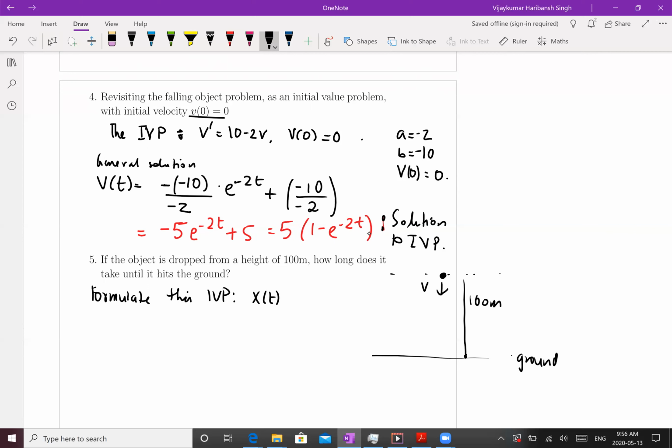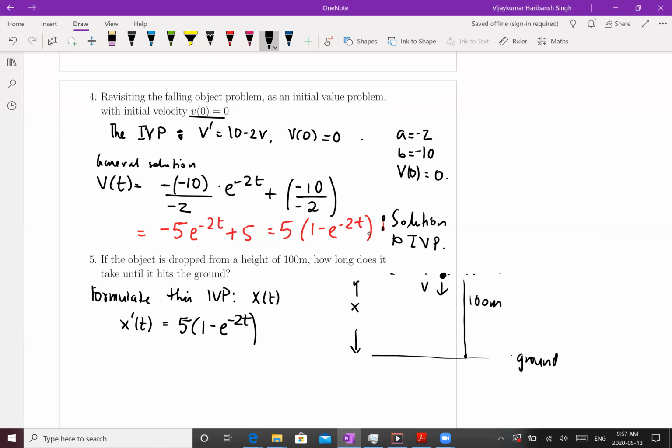So now we can do this problem. You're given the velocity, which is x prime of t, which is 5 times (1 minus e to the power minus 2t). You may say, well, the height x is decreasing, right?